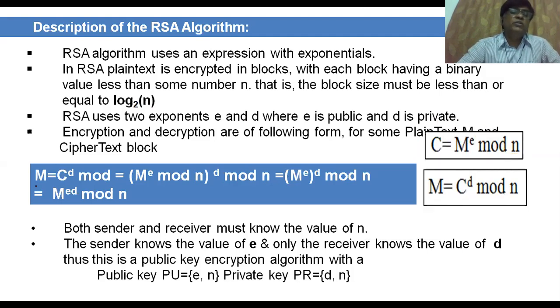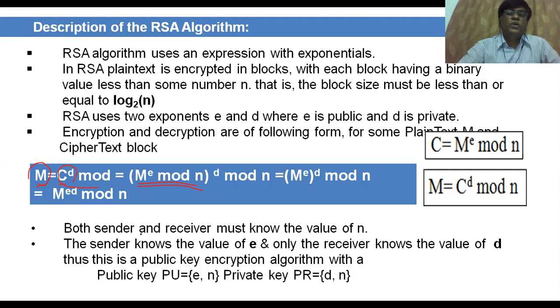Here M, the plain text, is equal to the decryption of the ciphertext, which is M power E mod N, power D mod N. So this is the formula for getting the plain text at the recipient side.